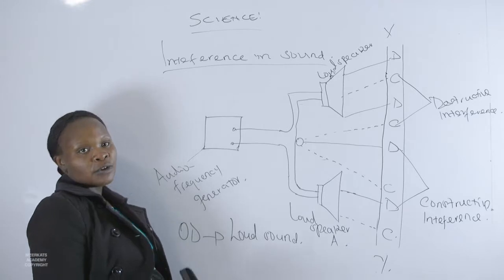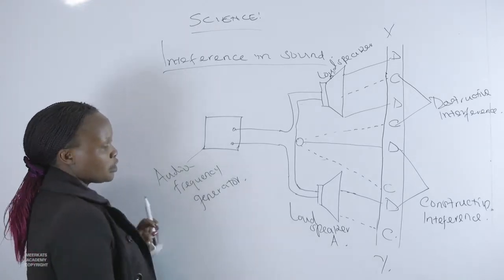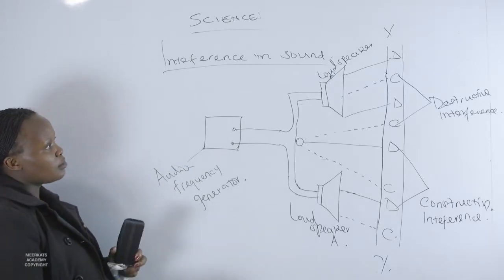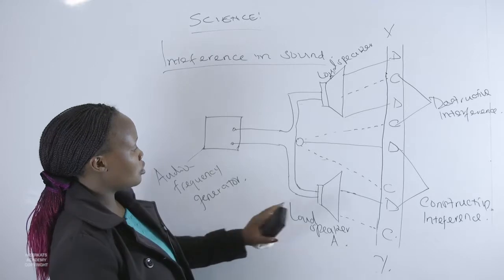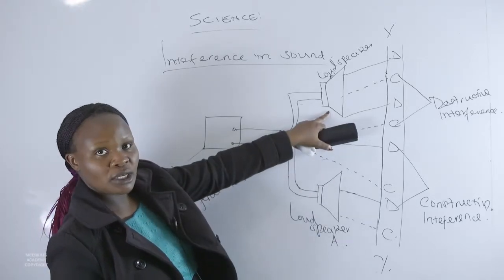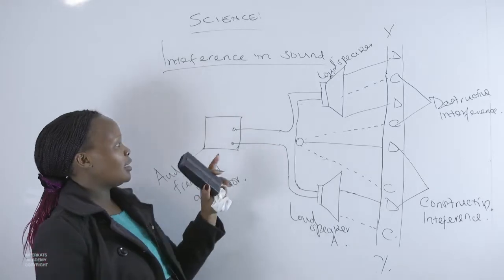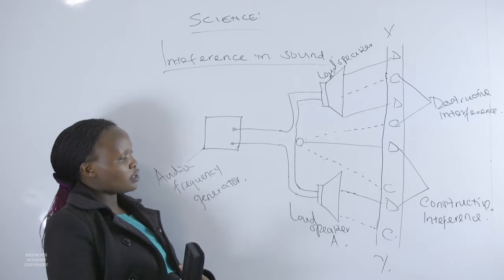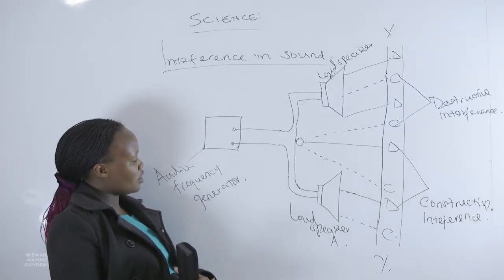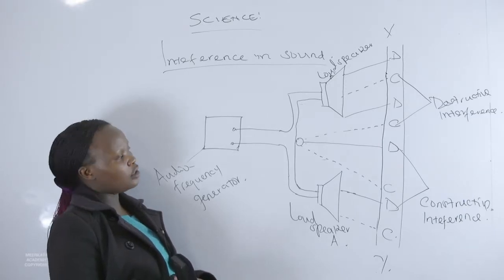Now, for us to have successful interference patterns here, we have made sure that the two speakers are actually equal in size, and they are connected to the same source of disturbance, which we are going to call our audio frequency generator.